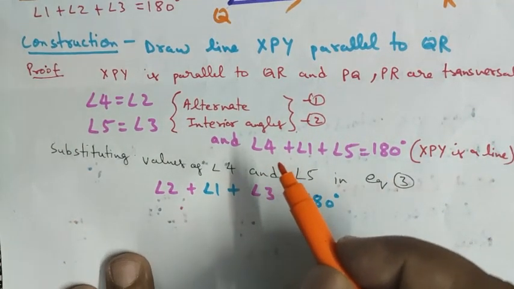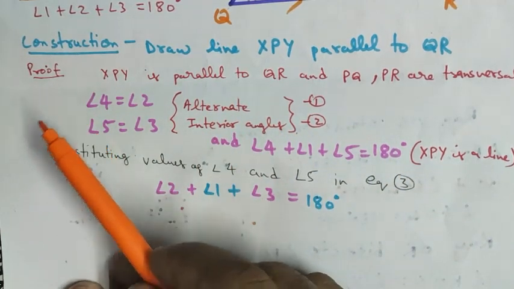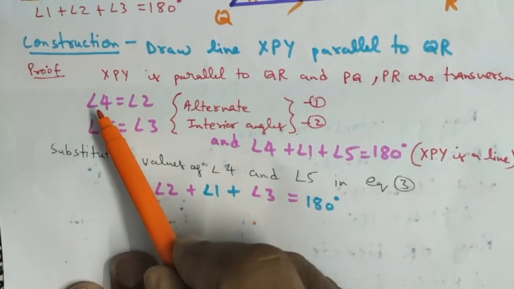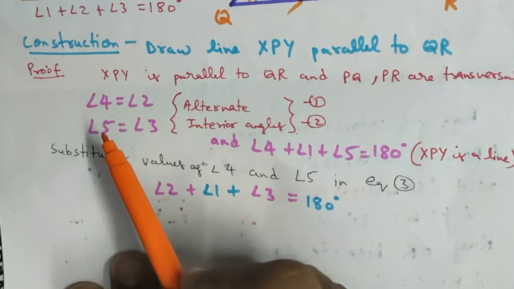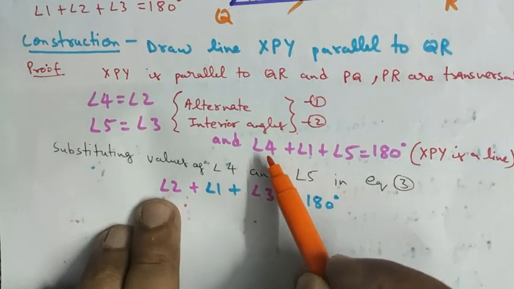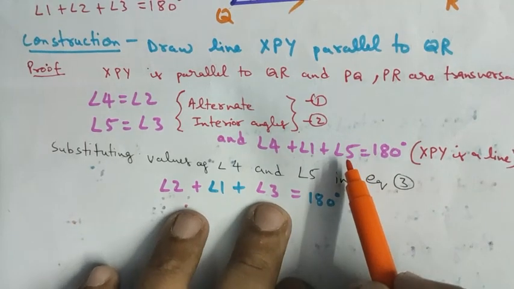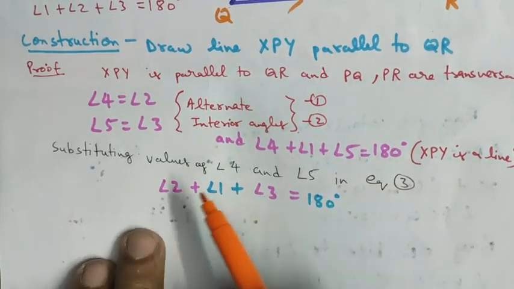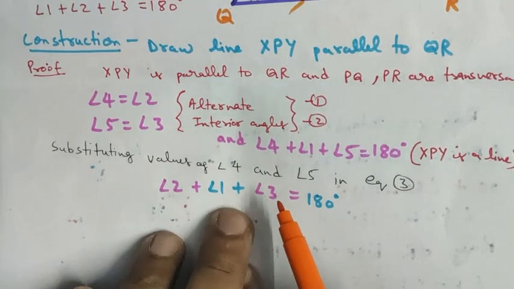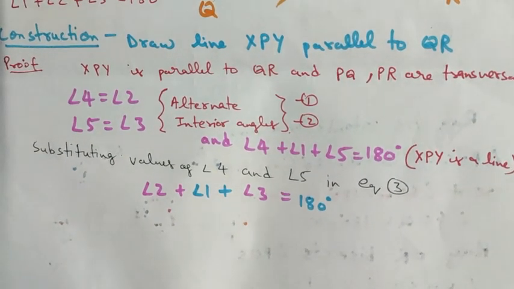Now we substitute the values from equation 1 and equation 2, that is the value of angle 4 as angle 2 and angle 5 as angle 3. So we get angle 2 plus angle 1 plus angle 3 equals 180 degrees. This is what we needed to prove.